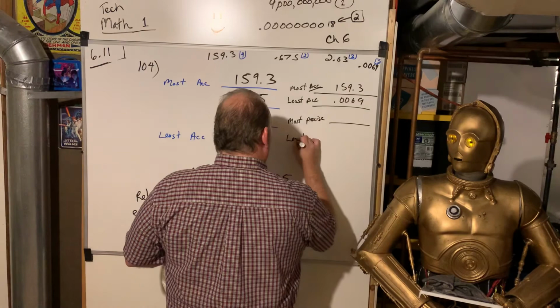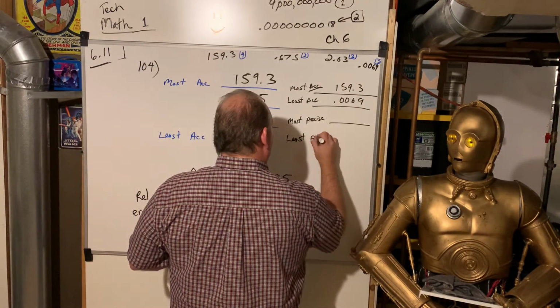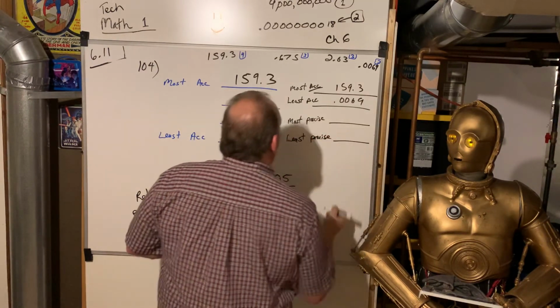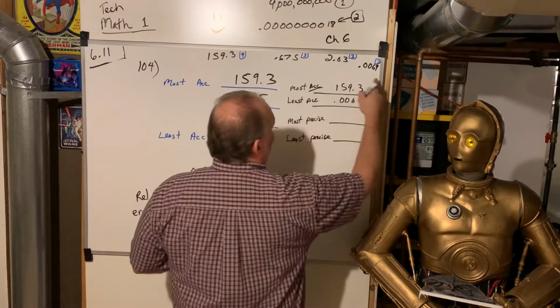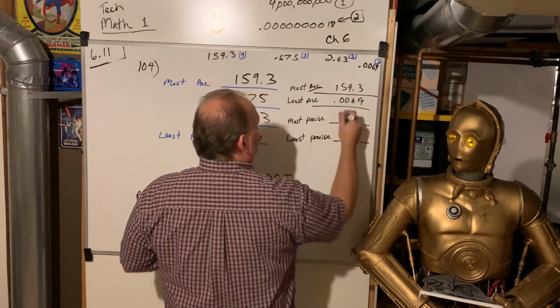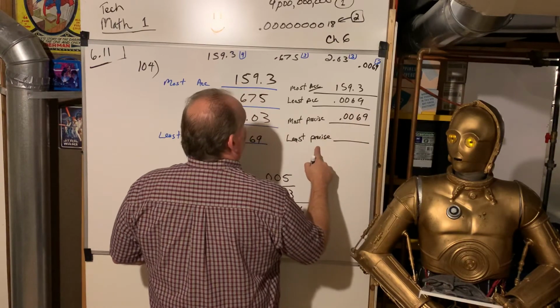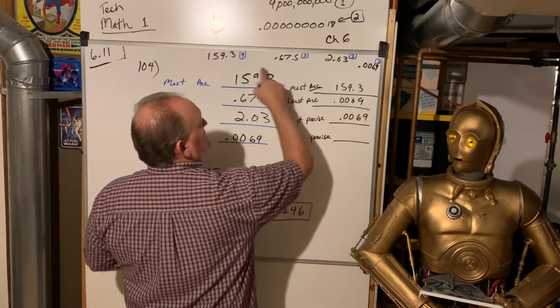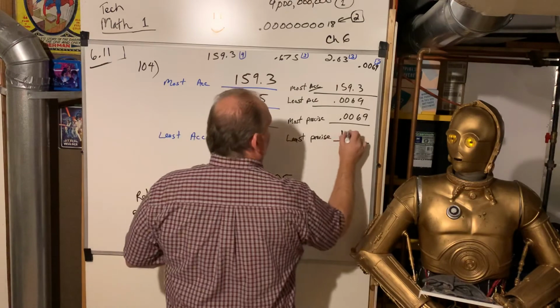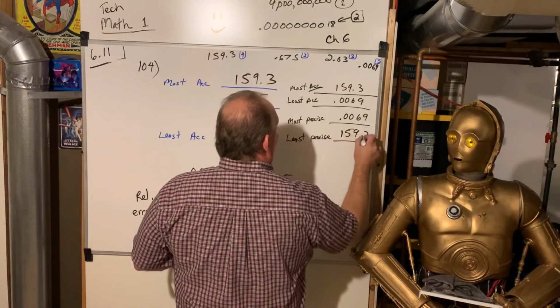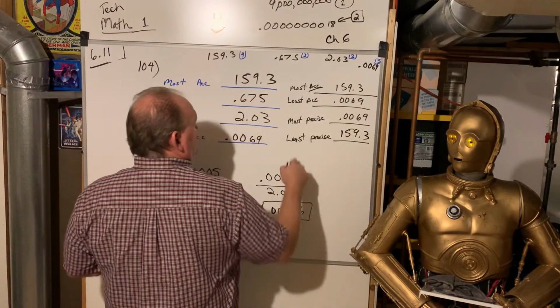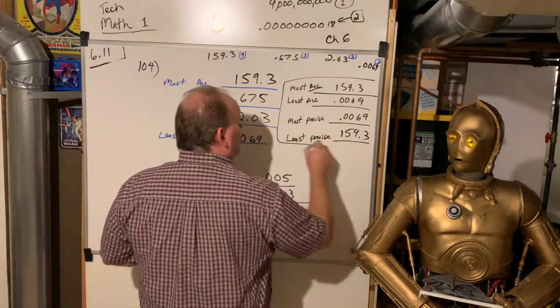I was looking at it going, what the heck did they do? Well, precision is just based off of, right? Most precise is going to be the 10,000th place. And then the least precise is going to be the 159.3. So they did make that actually quite easy.